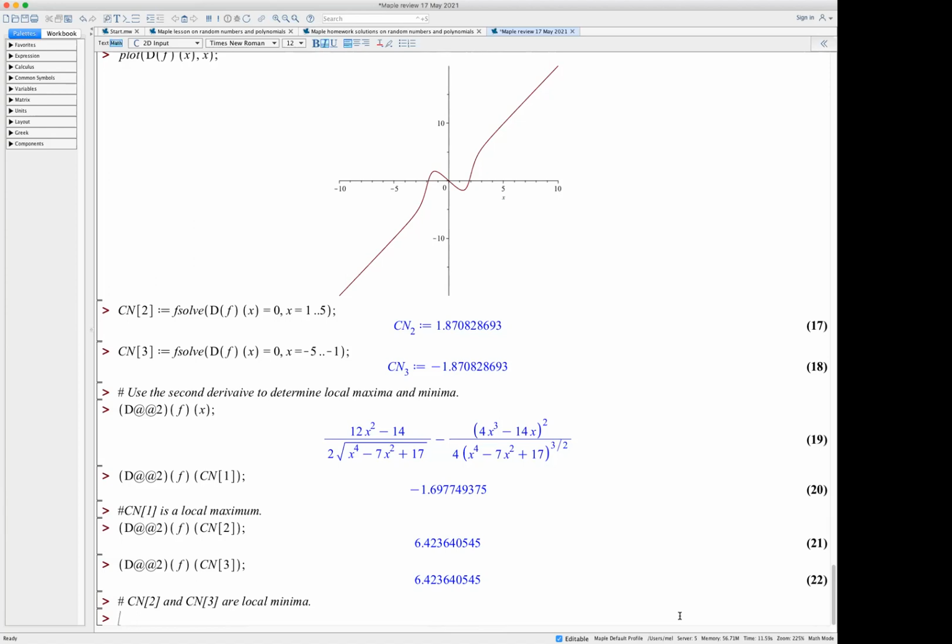Yes, I have a question, Professor. Is there any way we can determine the critical points without using a plot? So fsolve gave us just one solution. Is there any way to get all three solutions without using a plot? Not that I know of. So we have to use the plot?